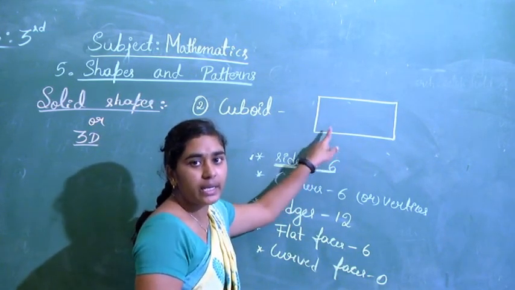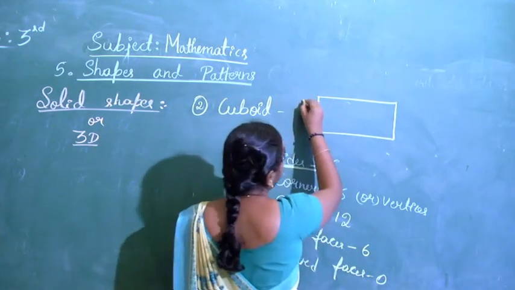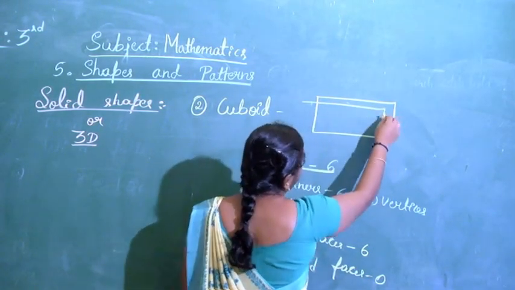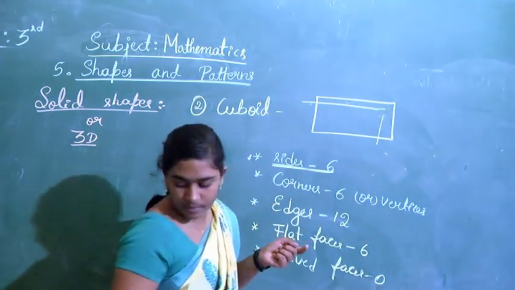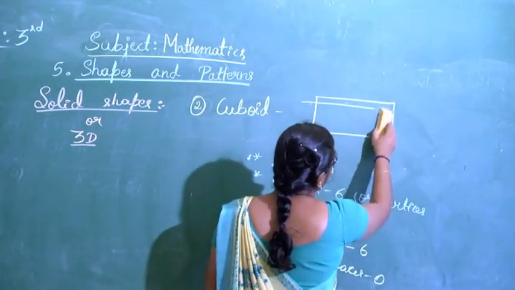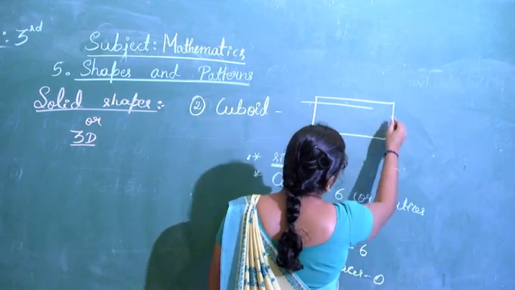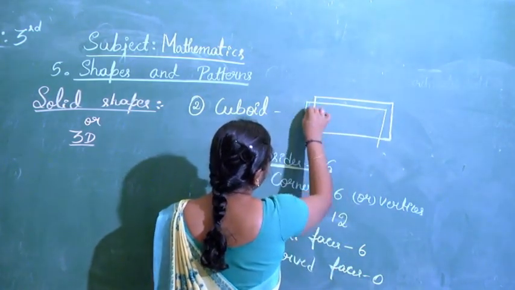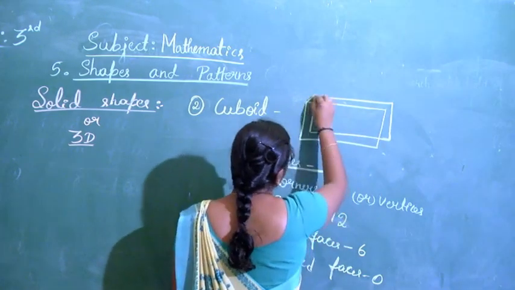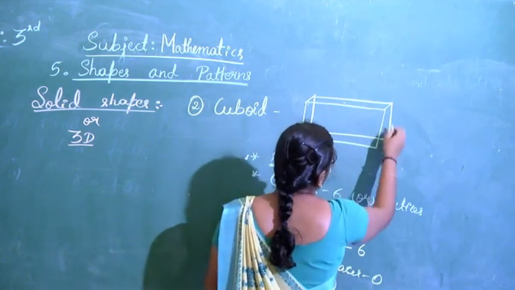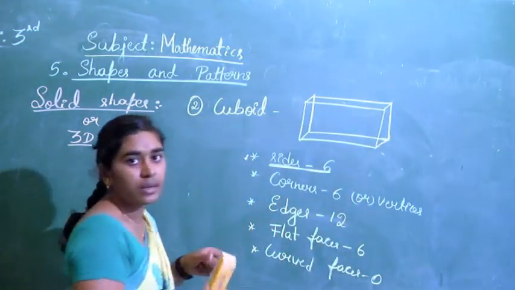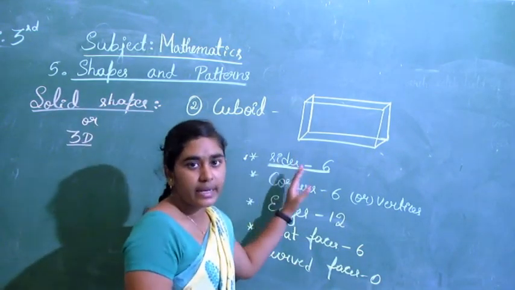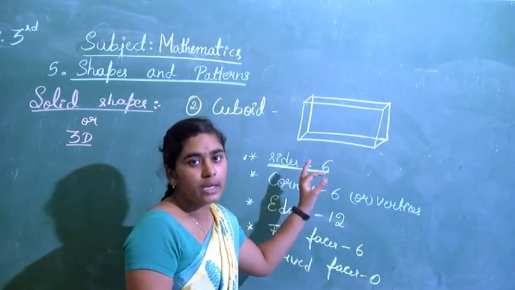Same like a rectangle, here sides are not equal. Few sides will look like a rectangle and few will look like a square.